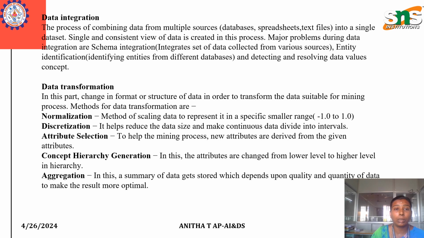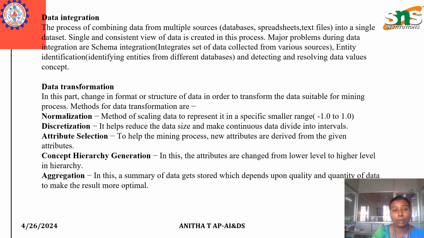Major problems during data integration are schema integration, entity identification, and detecting and resolving data value conflicts. Data integration can be challenging as it requires handling data with different formats, structures, and semantics. Techniques such as record linkage and data fusion can be used for data integration.